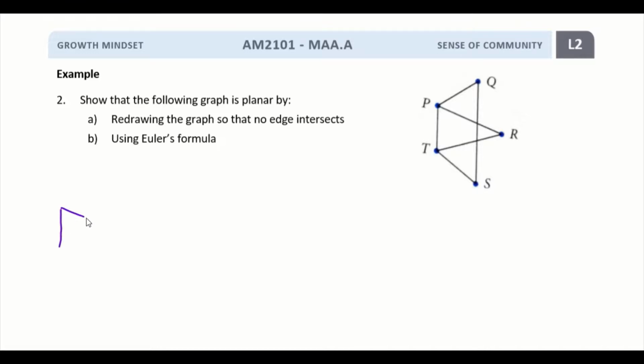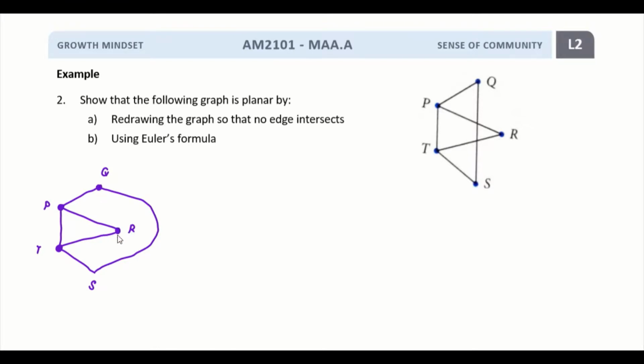You have a triangle here, then the other things stay the same. So P, T, R, Q, and S. The edge that is crossing over is QS, right? So we just bring it outside. Okay, so remember your vertices.